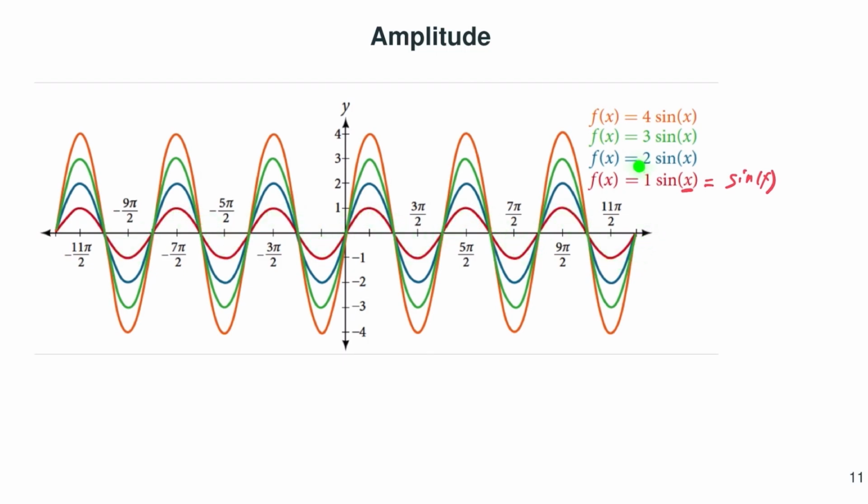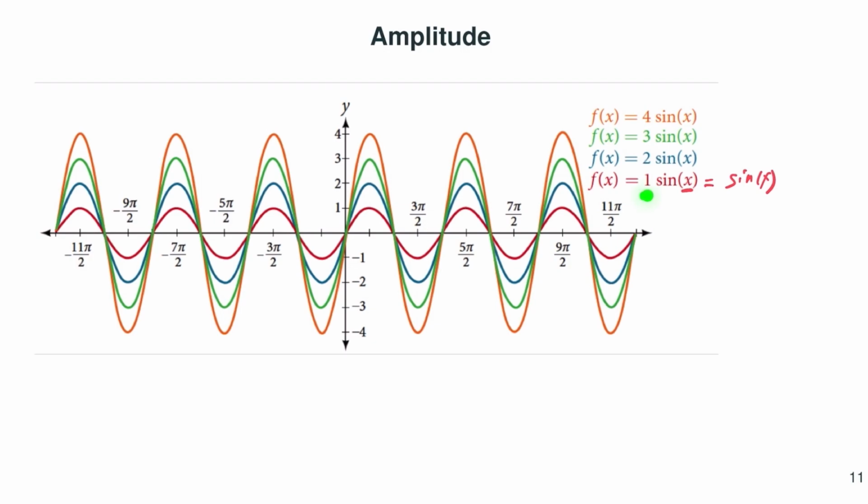Now, once we multiply 2 to the sine function, the height, which is precisely called the amplitude, increases. So the blue graph right here is the 2 sine x. And 3 sine x has an even longer amplitude, and 4 sine x even longer. So that's what happens to amplitude.